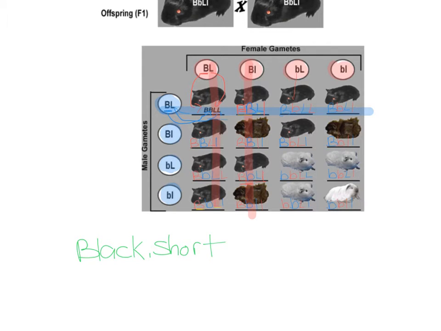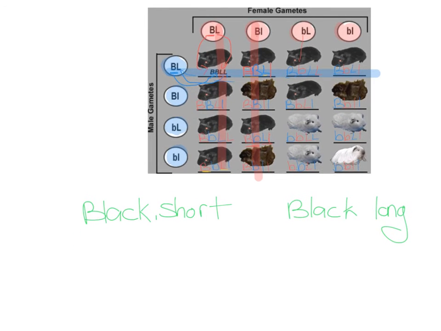How many have black hair that's long, one dominant, one recessive. And how many have white hair that's short, recessive and a dominant, and then white hair that's long, my two recessive traits.